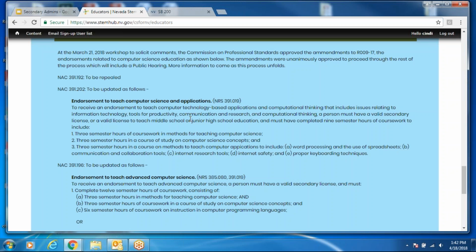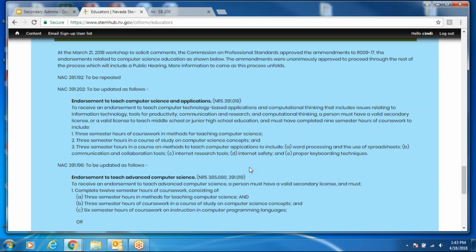For a new teacher who's never taught this half-credit course before, they would need 3 semester hours of coursework in methods for teaching computer science, 3 semester hours in a course of study on computer science concepts, and the courses that I just mentioned, the Discoveries and the CS Principles training through RPDP, would qualify for this concepts course if they go through and get the semester hours. And then finally, 3 semester hours in a course on methods to teach computer applications.